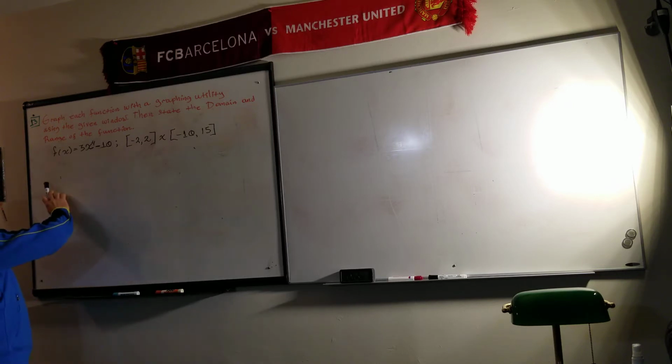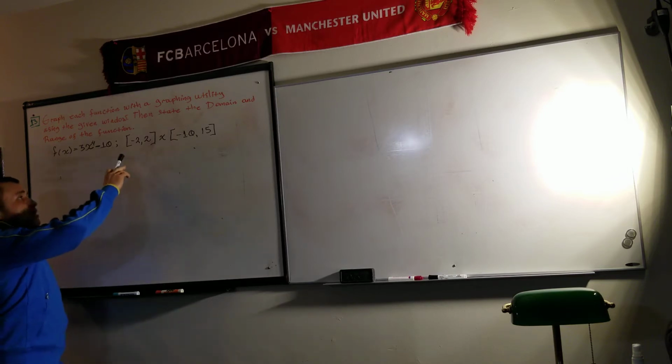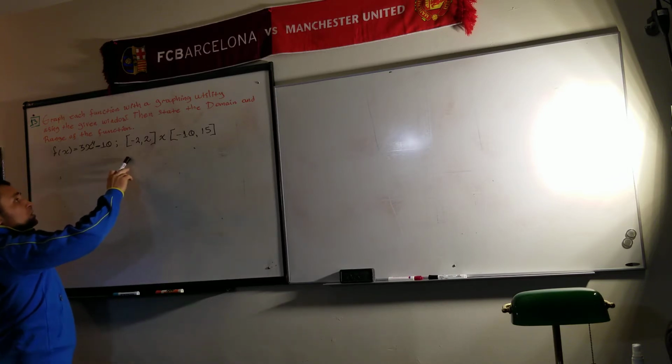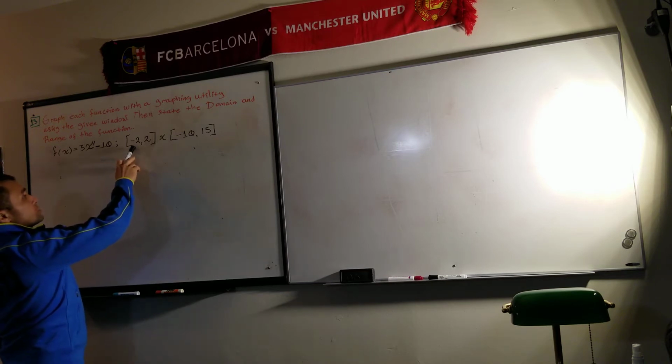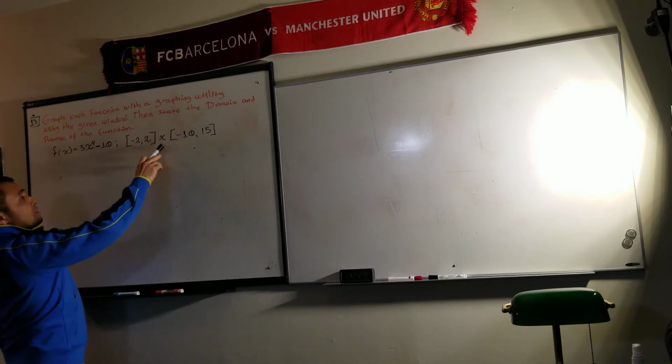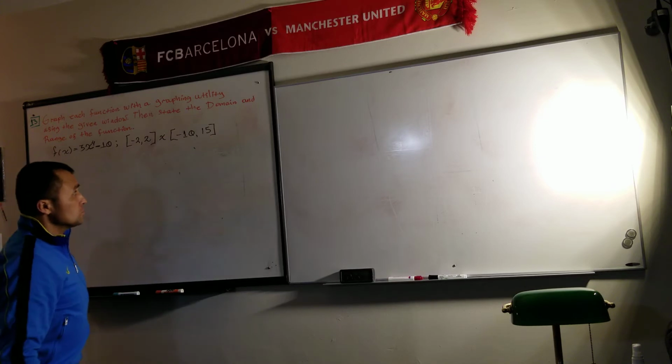So we have a function which is f of x equals 3x^4 minus 10, and we have a window which is from -2 to 2 and from -10 to 15.